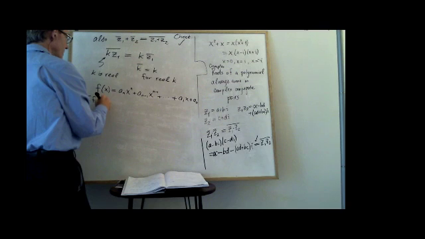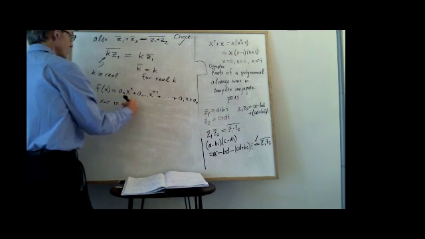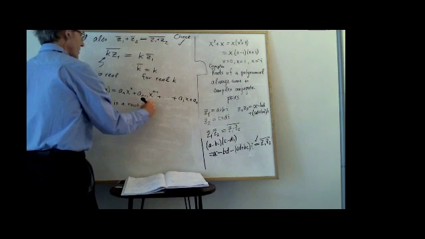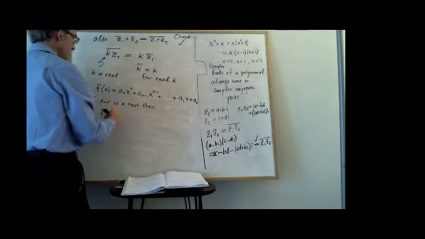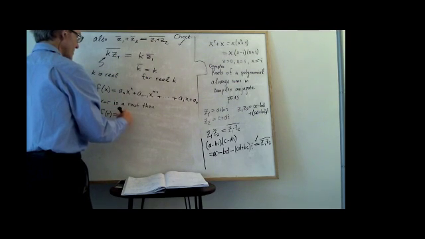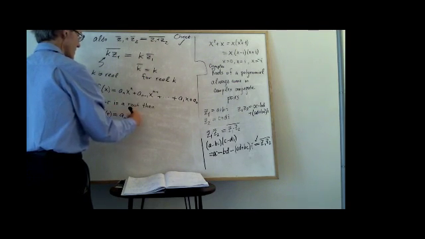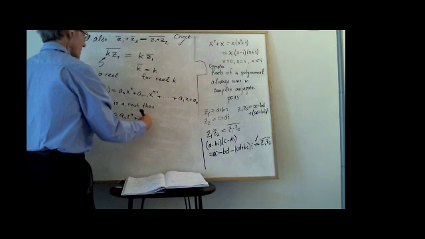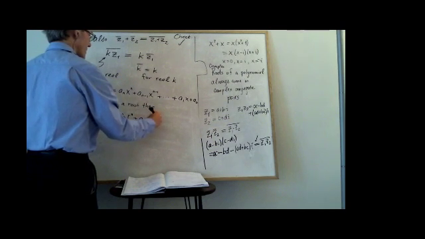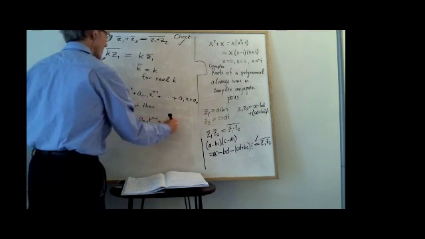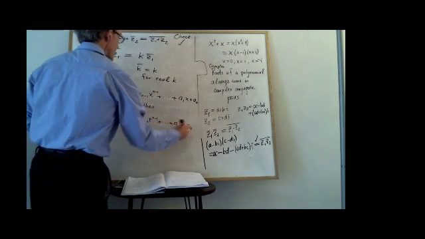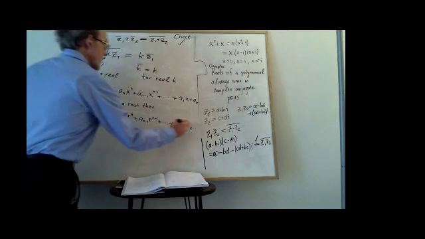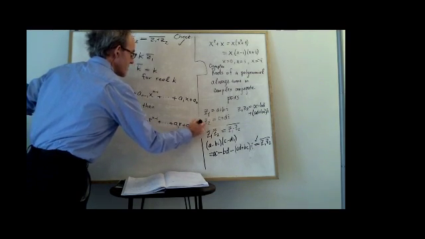So if x equals r is a root, then when I plug r into the equation, I get 0 for my polynomial. So I get the whole thing is equal to 0.